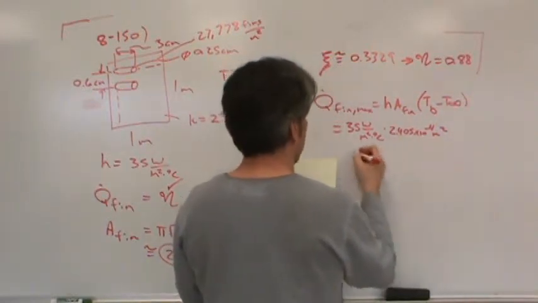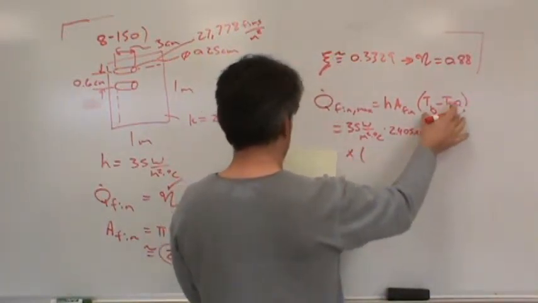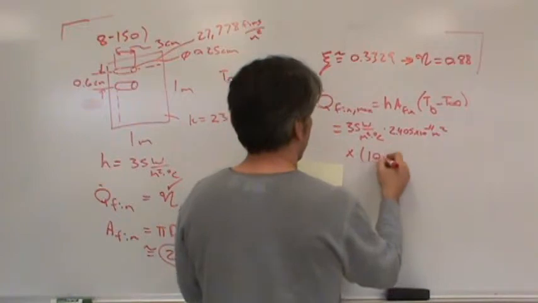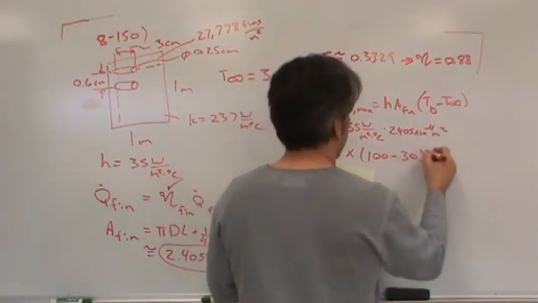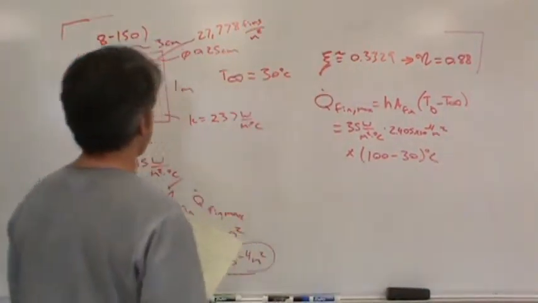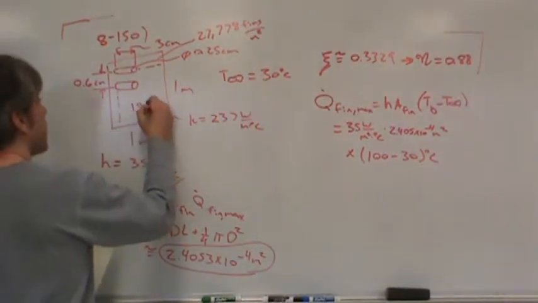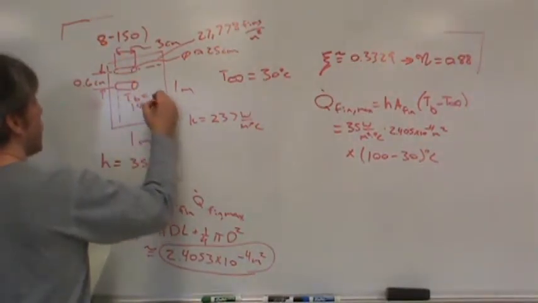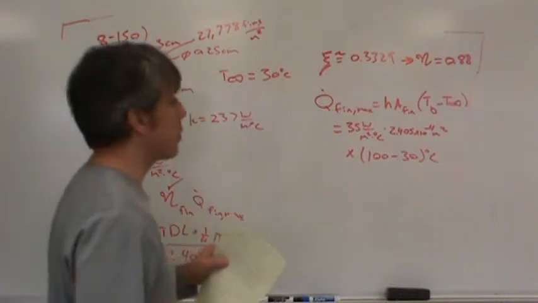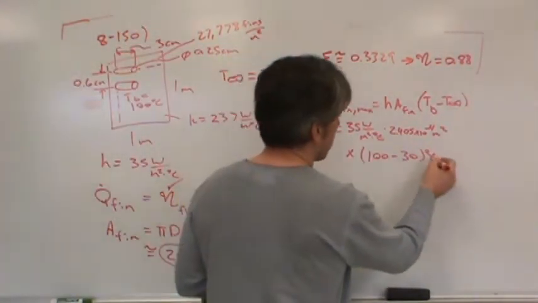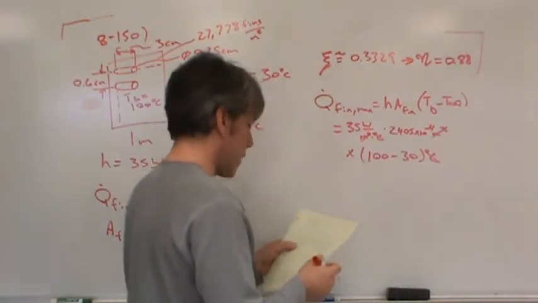Again, I'm out of space, so let me multiply down here the temperature difference. The base we know is at 100 degrees Celsius, and the surrounding air is at 30. I think I forgot to write that the base temperature is 100 degrees Celsius, but that was given in the problem statement. So the degrees Celsius go away, the square meters go away, and we've just got watts.